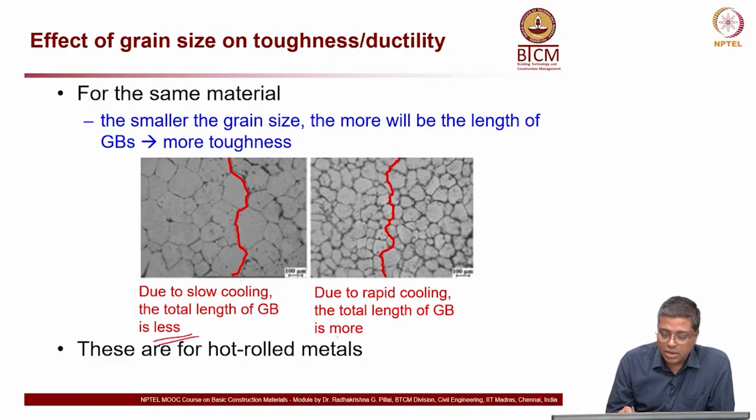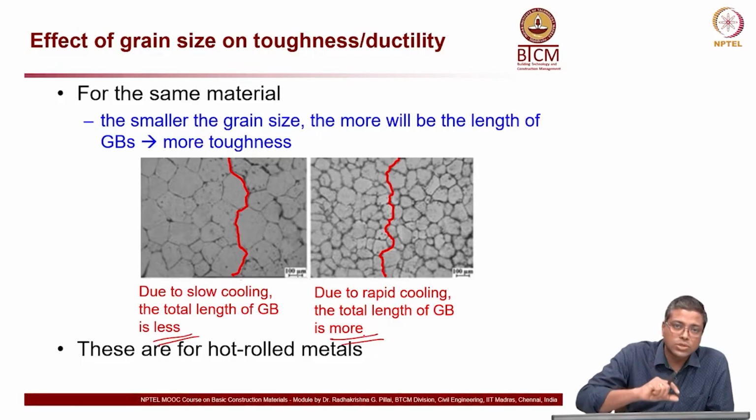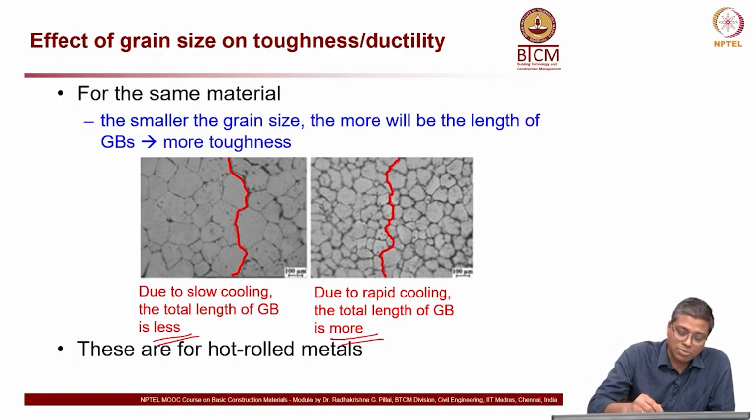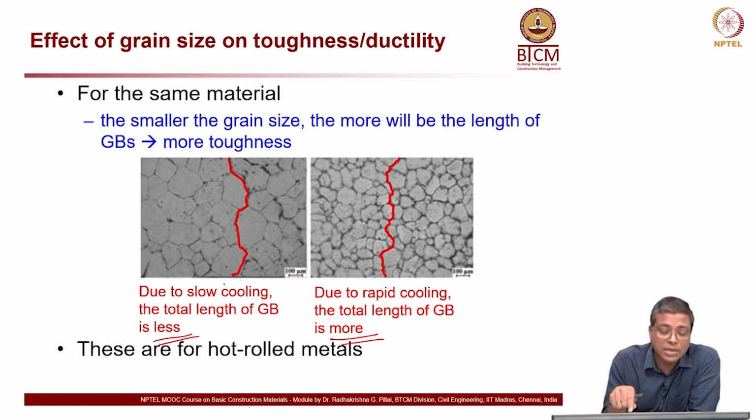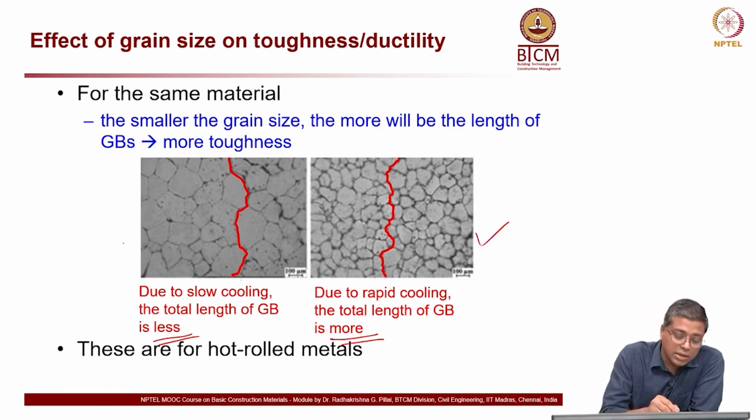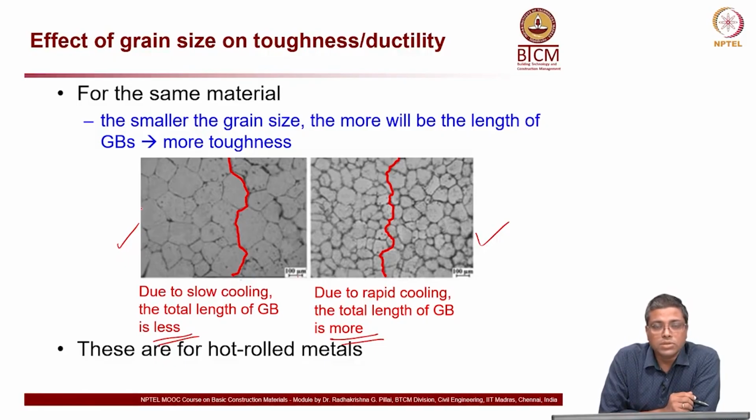This is less and this is more. Because when you have larger grain size, if you just follow the grain boundary, the actual length, not the displacement from one point to the other, but the actual length, will be more in the case of a smaller grain size, that is this, than in this case. So, larger the grain size, shorter will be the length of the grain boundary.